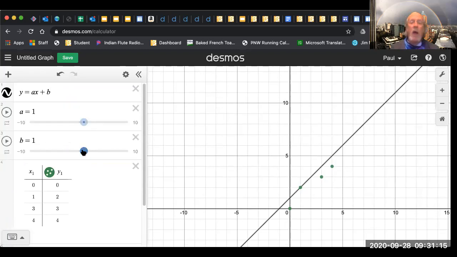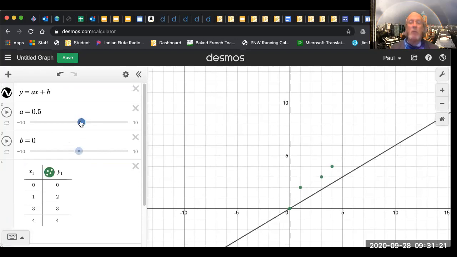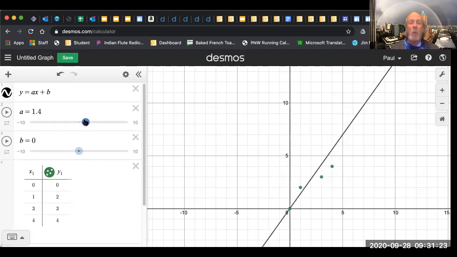So I can now move my line for the y-intercept, and then move my line again for my line of best fit. My line of best fit, remember, I want to try to have equal data points on each side of my line. So now that I've done that, I know my model is y equals 1.2x plus 0.